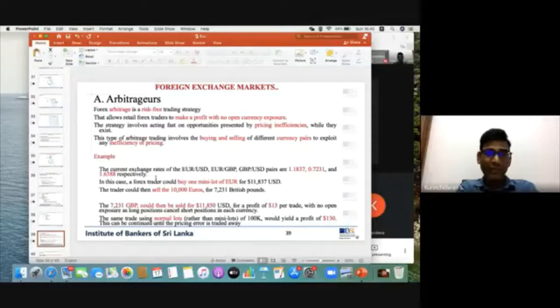Now you bought 10,000 euros. Now you are going to sell those euros for British pounds. If you sell those euros for British pounds, how many pounds will you get? Because 1 euro is equal to 0.7231, you will get 7,231 British pounds.